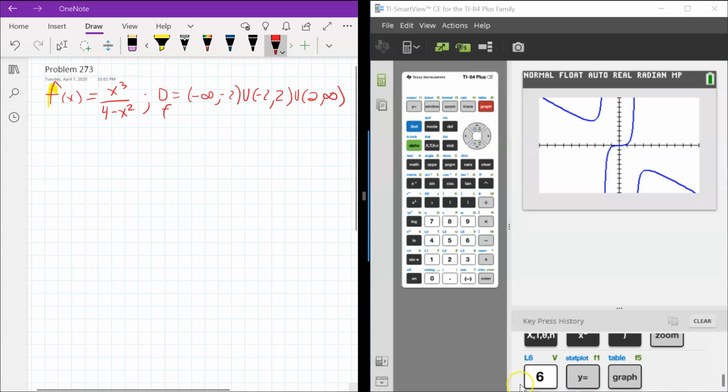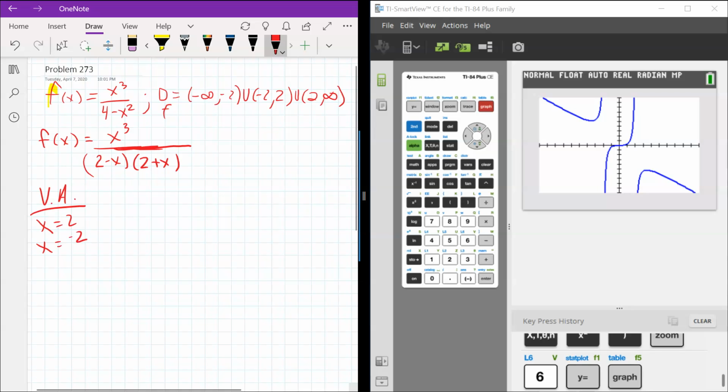So look at factoring the denominator. Here x cannot be 2 or -2, so we're going to have vertical asymptotes x equals 2 and x equals -2.